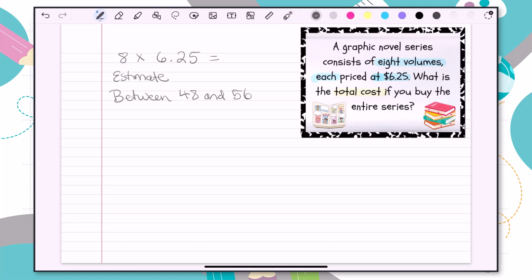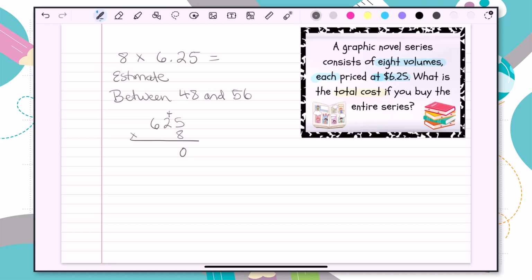Now we're going to remove the decimal and multiply using the standard algorithm. So I'm going to stack 625 above 8 and multiply. 8 times 5 is 40.